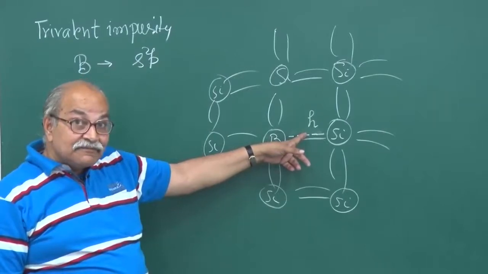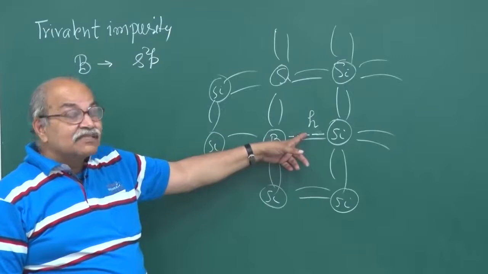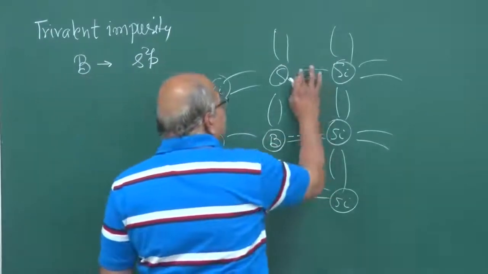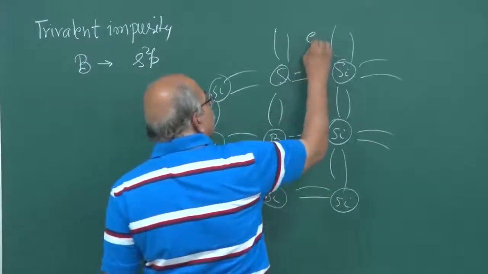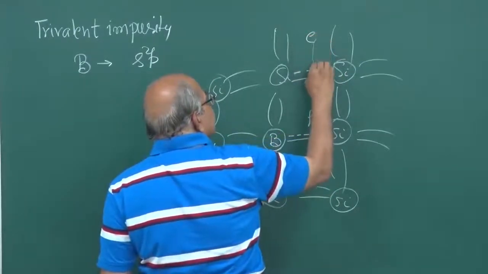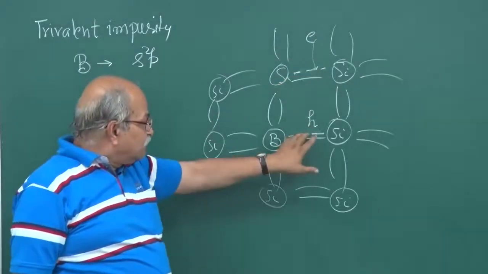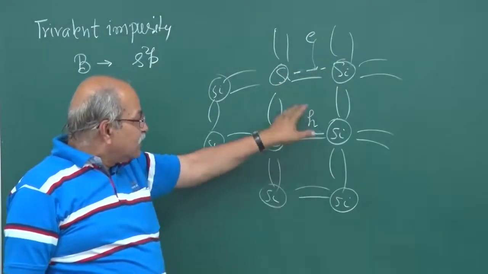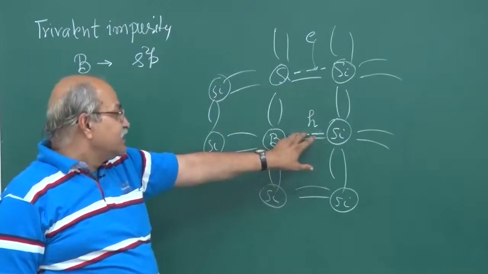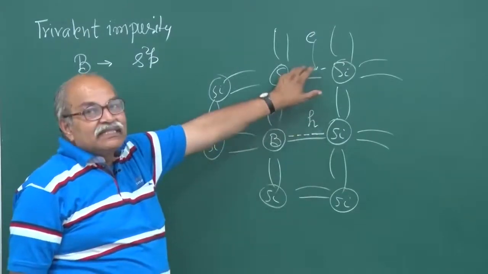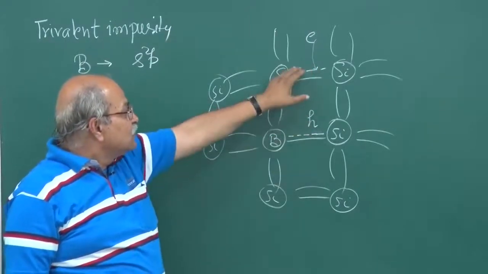What does that mean? You are creating new energy levels. Suppose a bond is broken here and some electron goes and sits here, that has some energy. But if the bond is broken here and the electron comes and sits here, this energy is slightly different from this energy. These two are different.